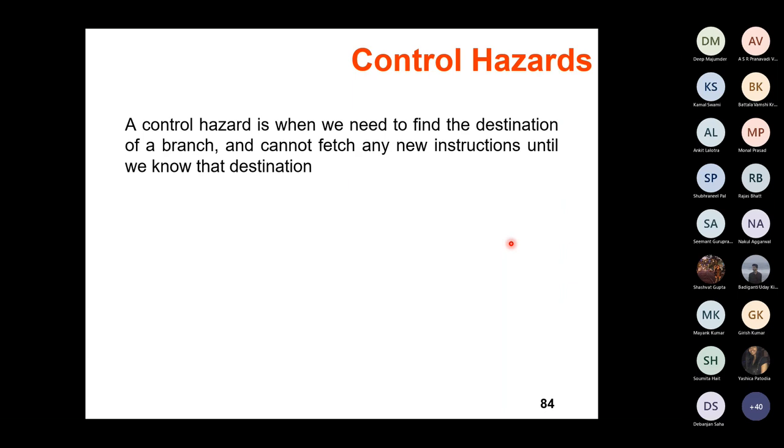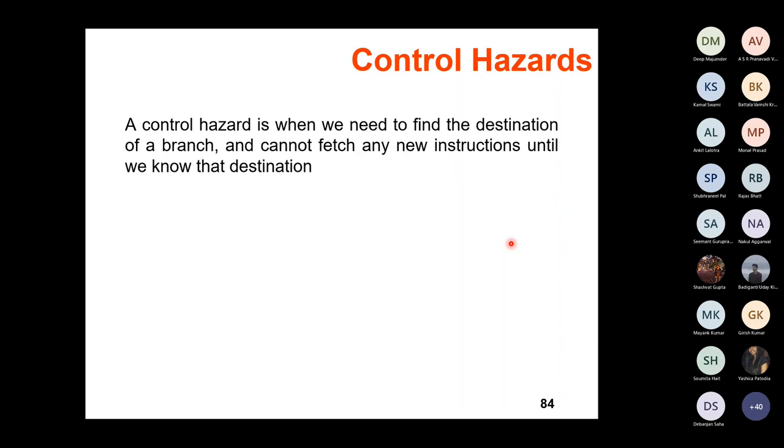The problem is that the outcome of the branch is not yet known. But at the same time, the next sequential instruction, PC+4, has entered into the pipeline, and that instruction may or may not be executed. It depends on the outcome of the branch.